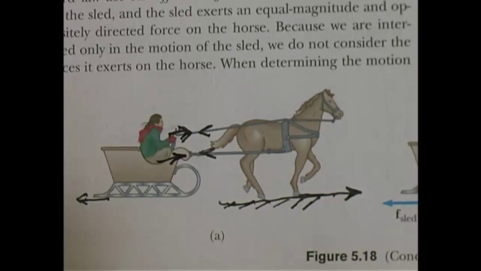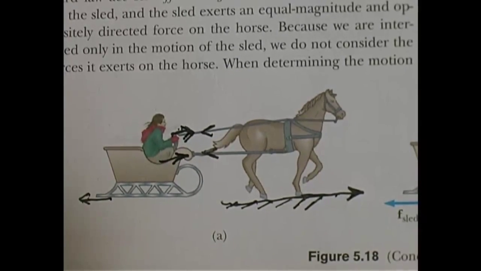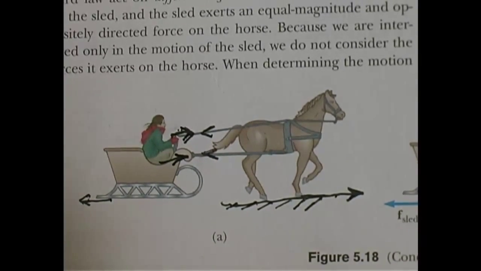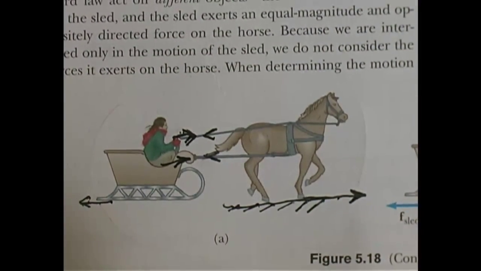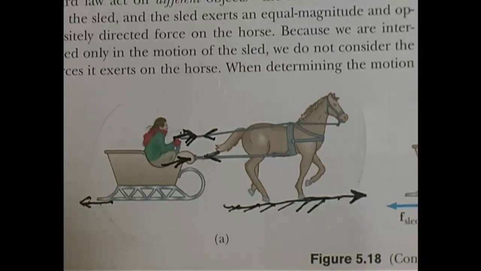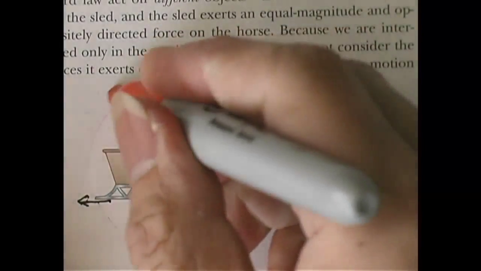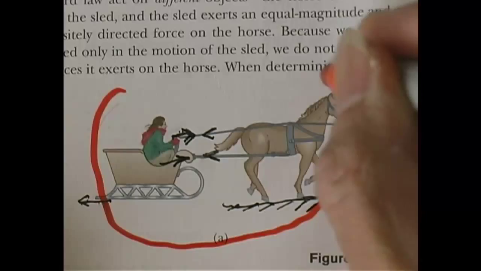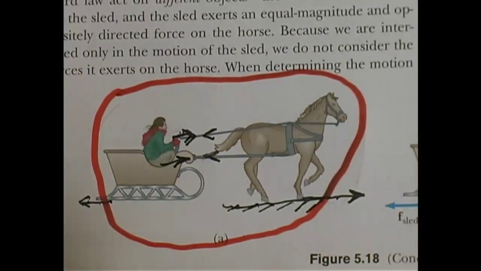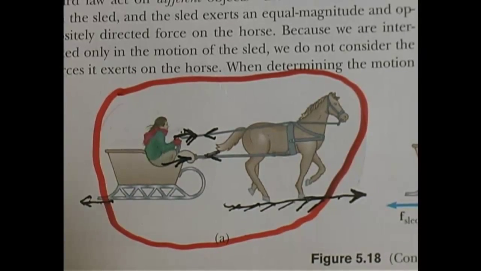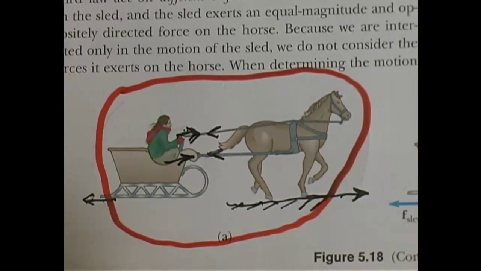Okay? Now finally, if we consider both the horse and the wagon as one grand system, like this, an entire system, what can we say? Well, this is one system now. I can do so because different parts of the system have the same acceleration. Now, if we did so, what are the net forces?